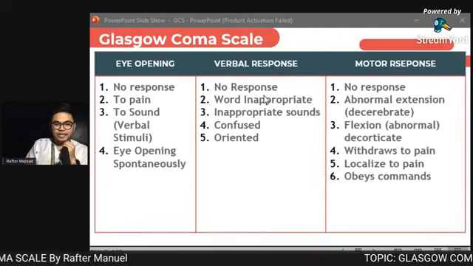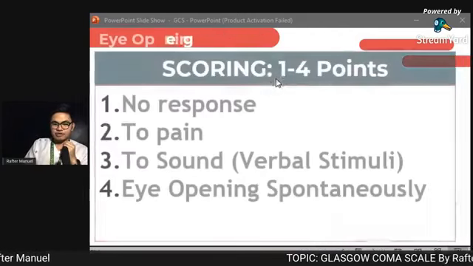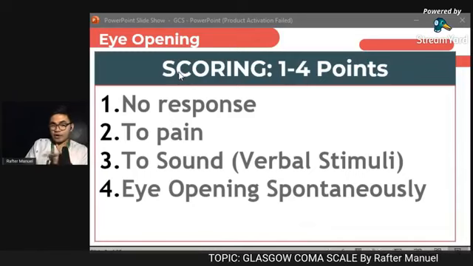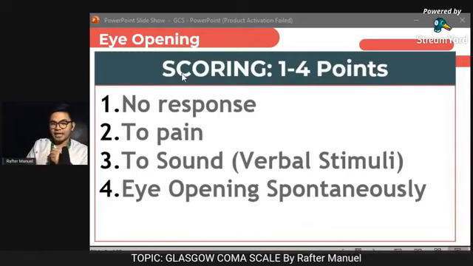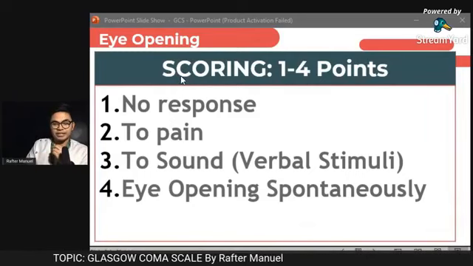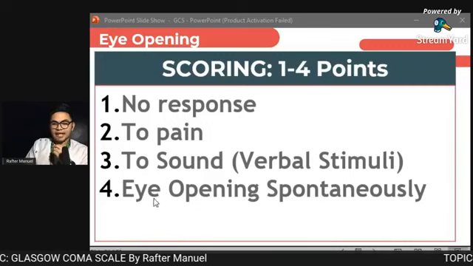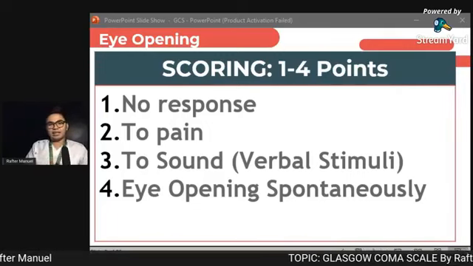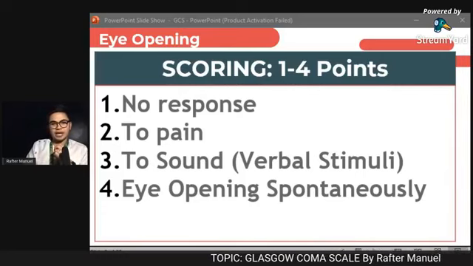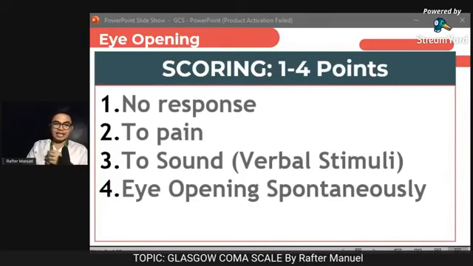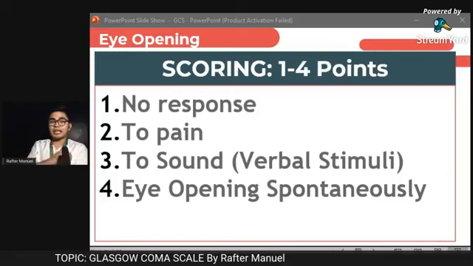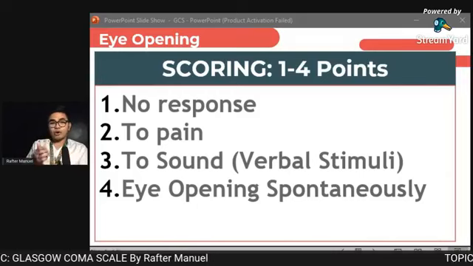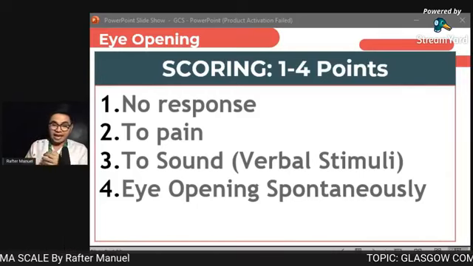Let's go first to the eye opening. As I have said earlier, your scoring for the eye opening is a total of 4 points. 4 is the highest, 1 is the lowest. Basically, this reflects the amount of stimulation required in order for your patients to open their eyes.